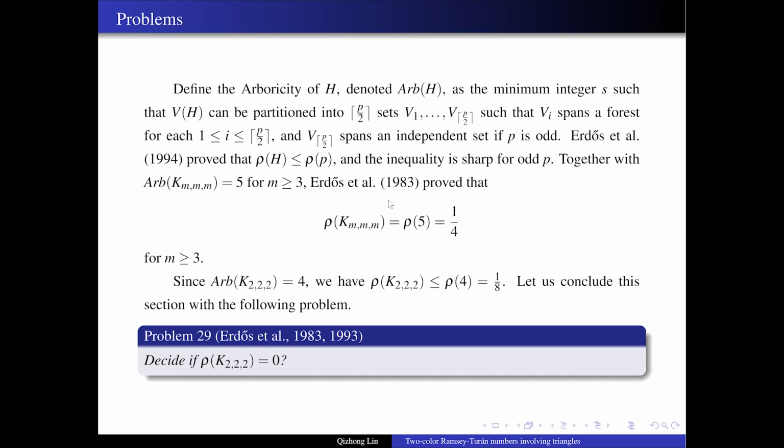However, the case for even P is much harder, even the simplest case when H equals K_2. And we do not know if the following holds. Okay. Thank you very much.